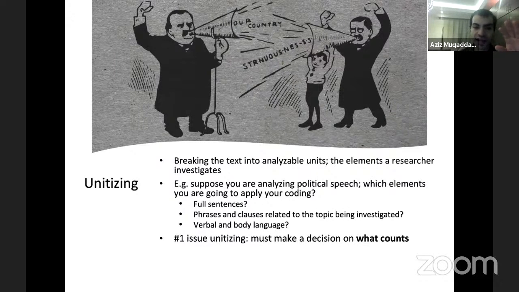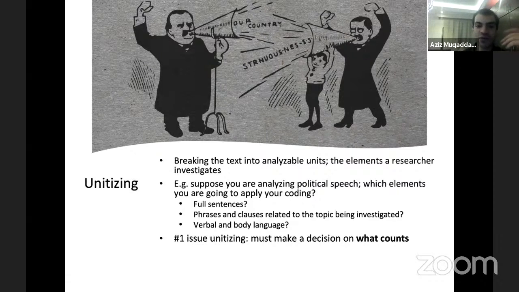Which elements in that speech are you going to apply your coding to? Because as you may know, in any public speech, specifically by politicians, not all the sentences might be relevant to your analysis or have any specific meaning.